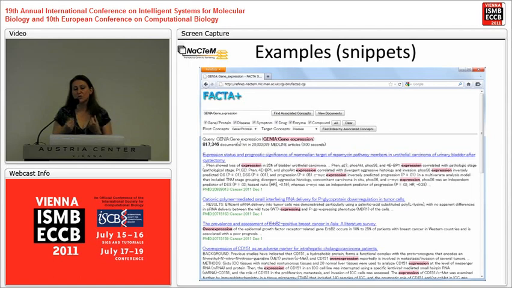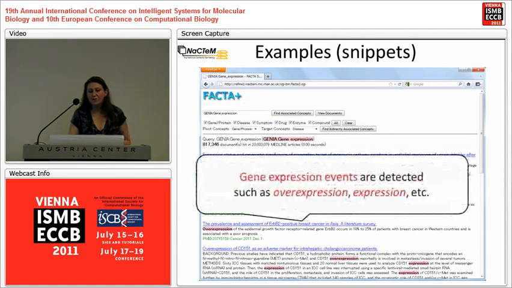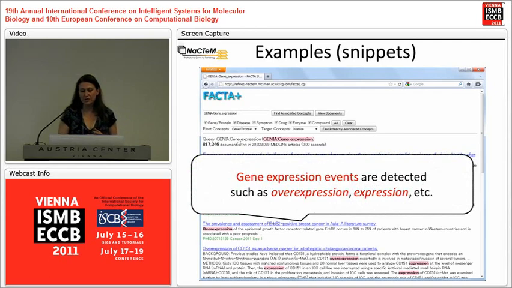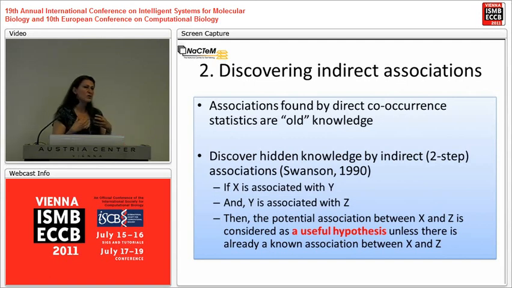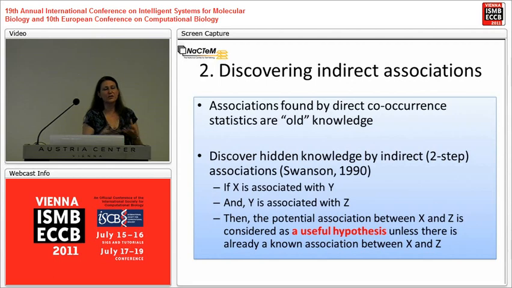So basically it shows you the events from the whole of Medline. So those are the types of events. So that's the first part of the improvement of FACTA Plus. So you don't only do your search based on named entities like genes or proteins or drugs, but you can actually make a query using also events.